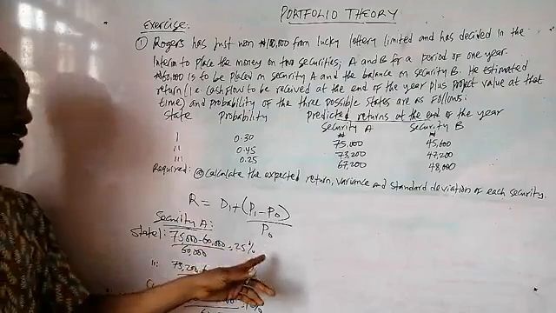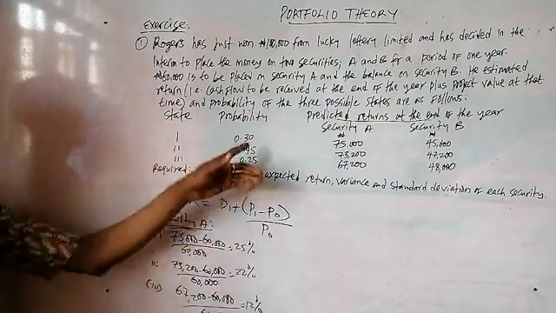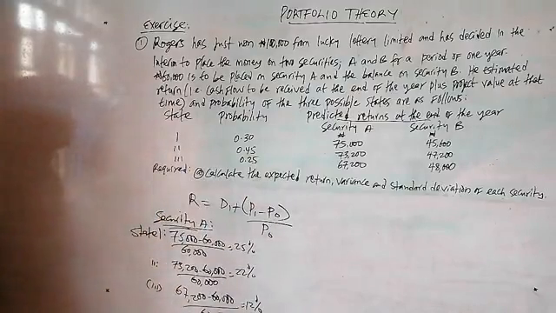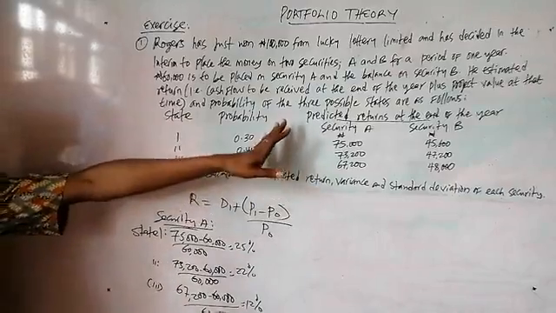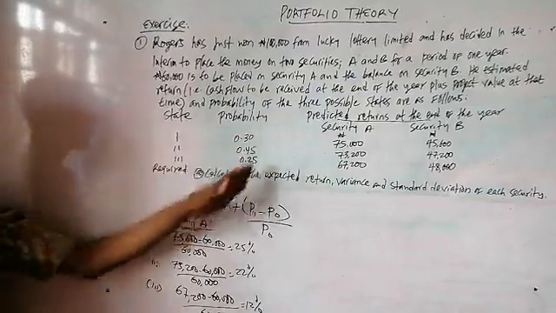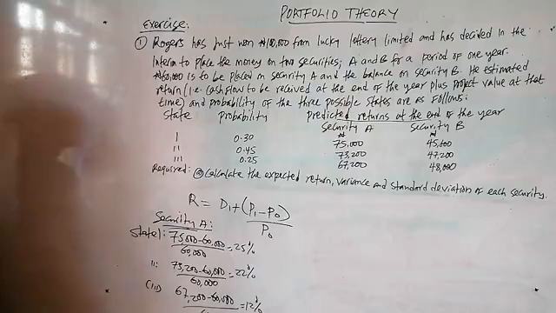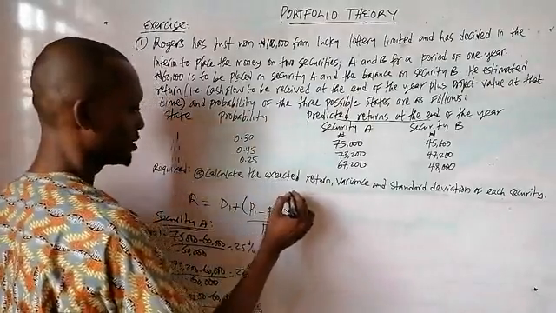We may not likely receive this return at the end of the day because of risk, so we attach a probability to this return. From there, we are able to have our expected return. So for security A, let's now compute.